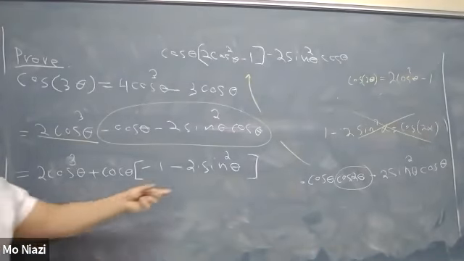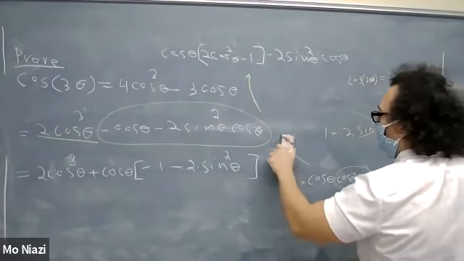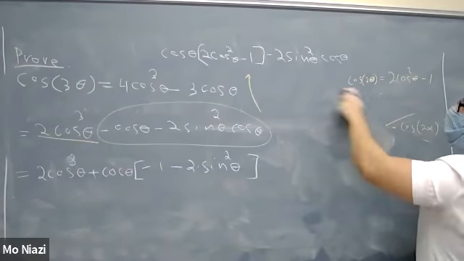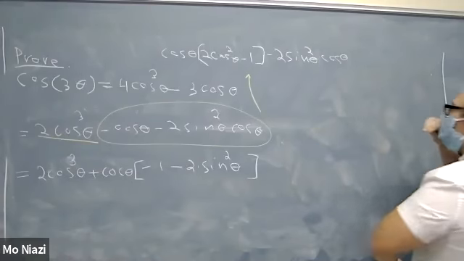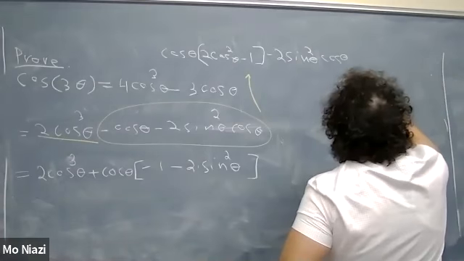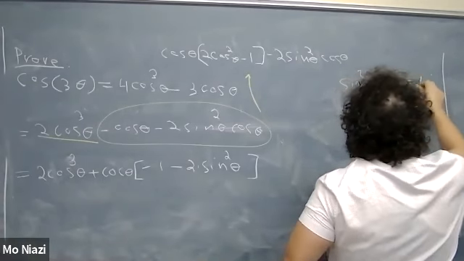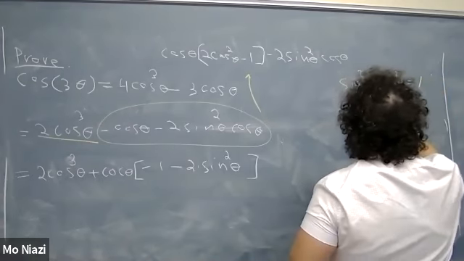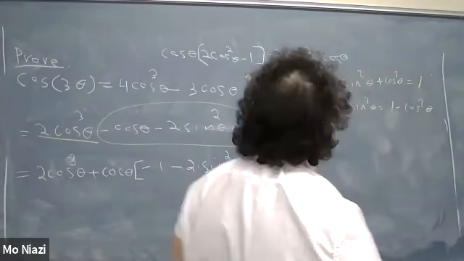So why don't we somehow convert that sine squared theta to a cosine squared theta? How would we be able to do that? Which identity gives us the power to do that? Right? So then I can plug this in here.